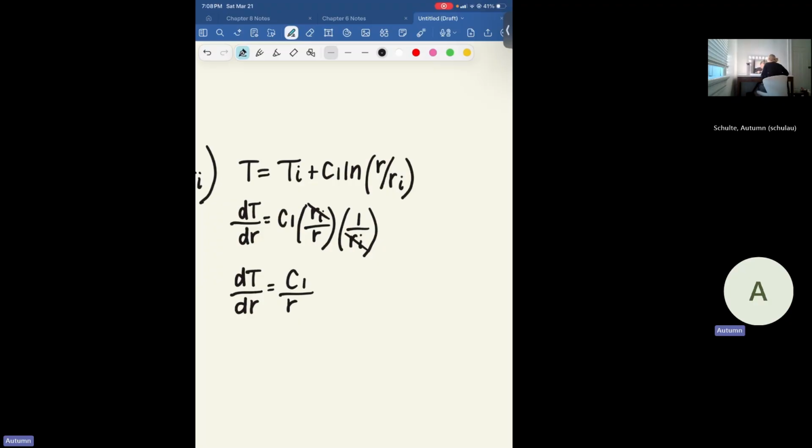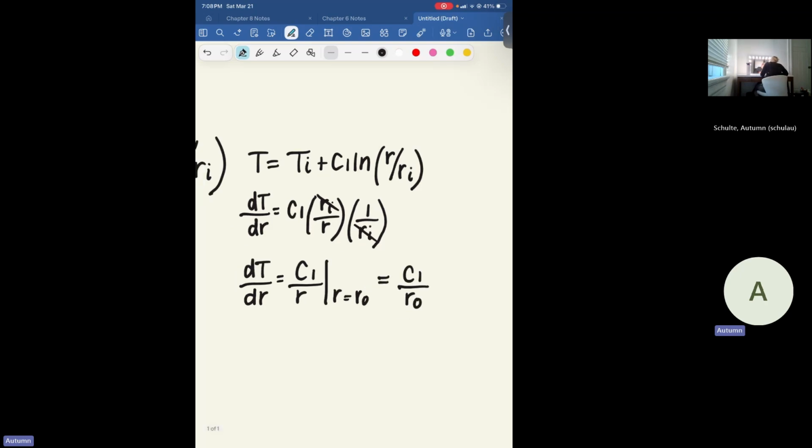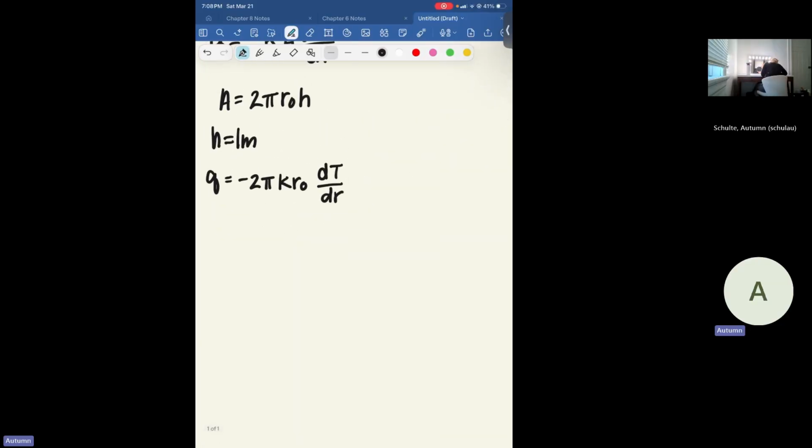And we used our outer radius for our area, so I'm also going to evaluate this at our outer radius just to stay consistent. So this is now our constant C1 divided by our outer radius. So now we can take this and plug it in down here. So we're going to have Q is equal to negative 2 pi times our thermal conductivity multiplied by our outer radius multiplied by our constant C1 divided by our outer radius.